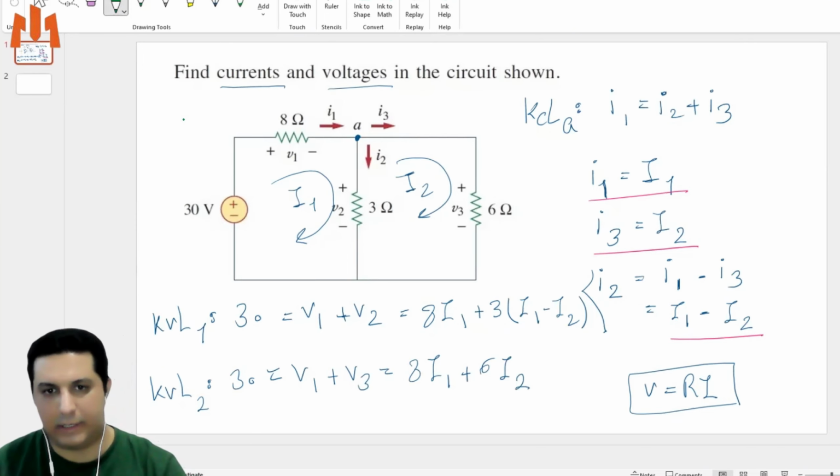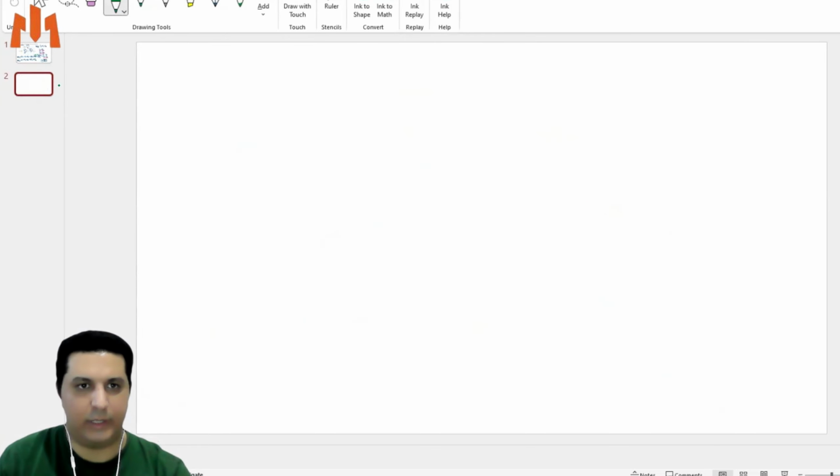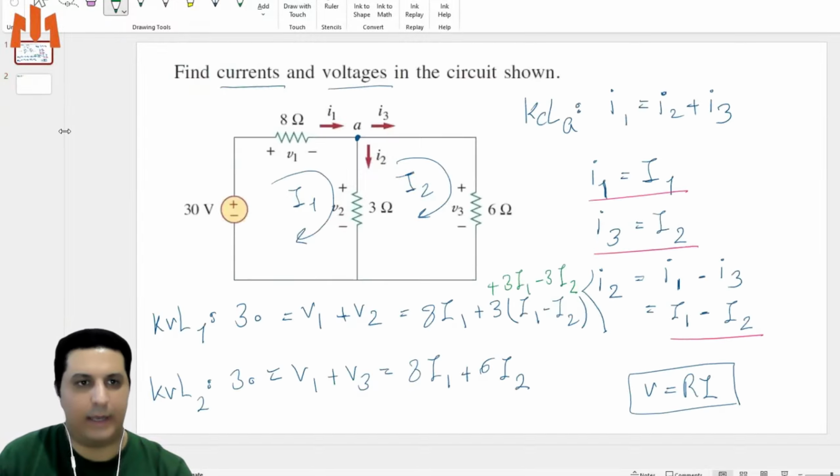This part is 3I1 minus 3I2. I have to go to another page. KVL 1, 3 equals 8.